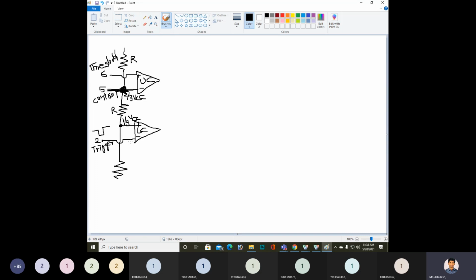Okay. See, here you need to connect these two. One is connecting to the reset pin, another one is connecting to the set pin. Okay, so this is the output Q, this is the Q bar.